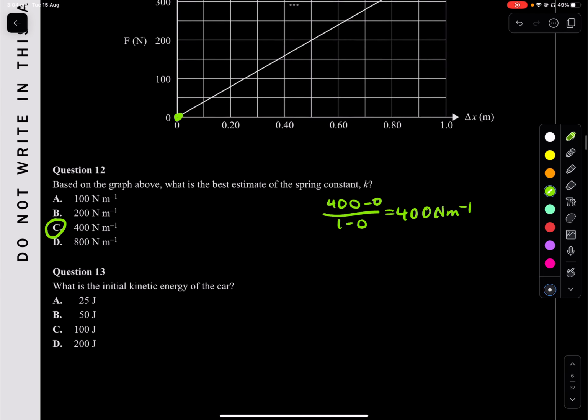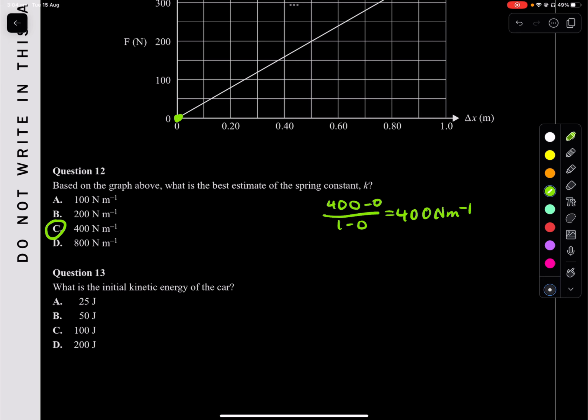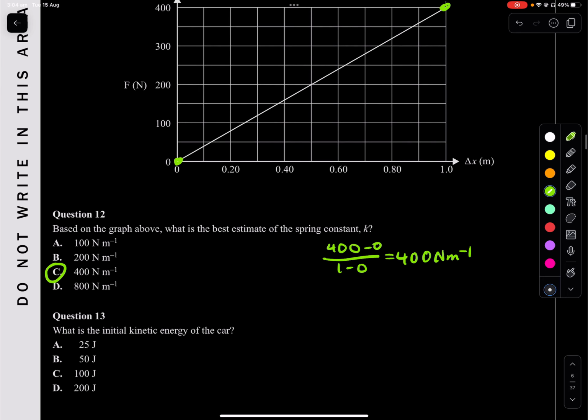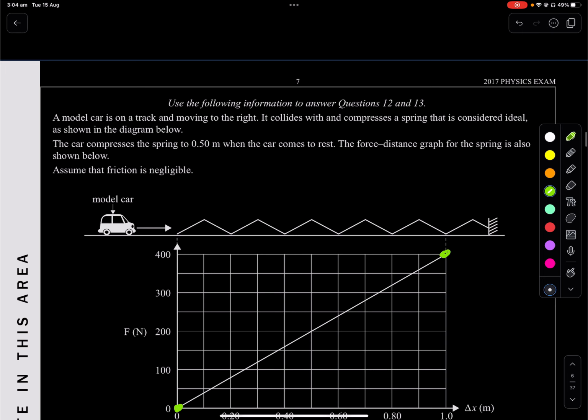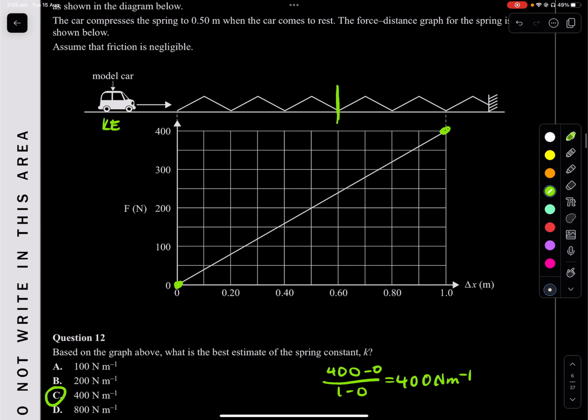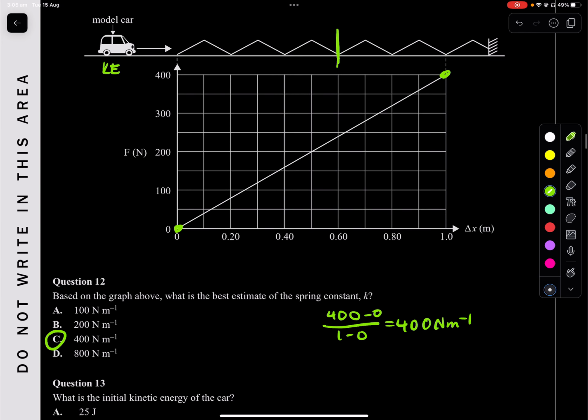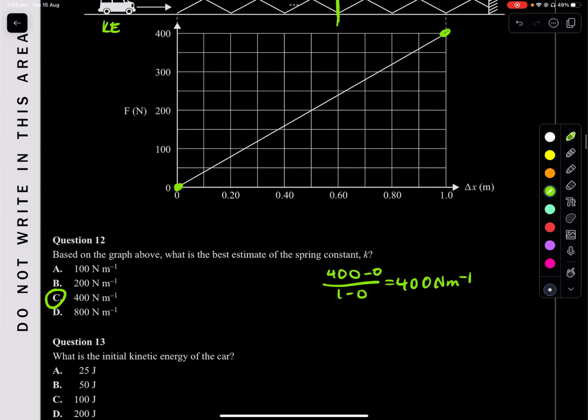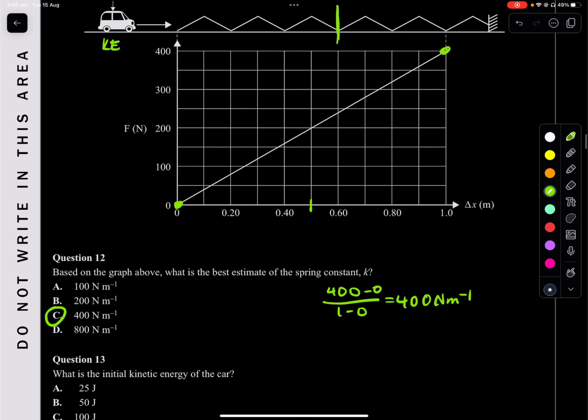Very nice. What is the initial kinetic energy of the car? Initial, this is important. Remember, it starts initially with a maximum kinetic energy. Because we know it gets compressed, let's say at 0.5, and all that kinetic energy is now in the spring, we can look at this graph and calculate the energy. At 0.5, if we calculate the area under this graph, it will give us your initial kinetic energy.